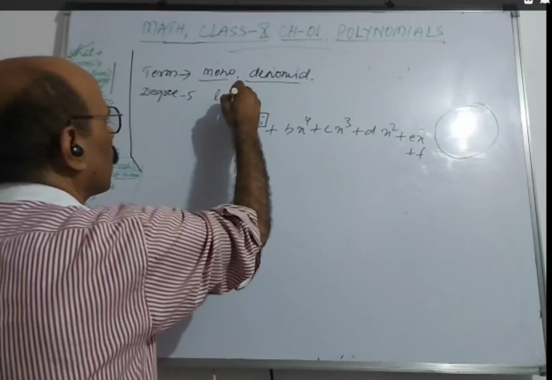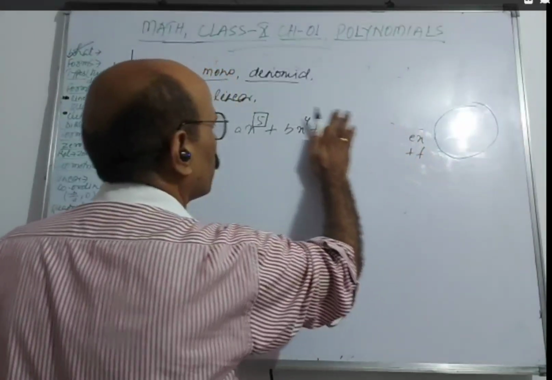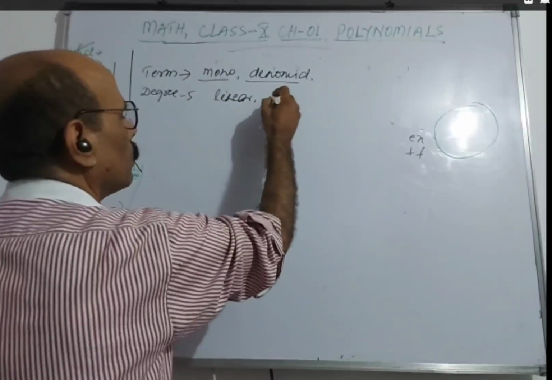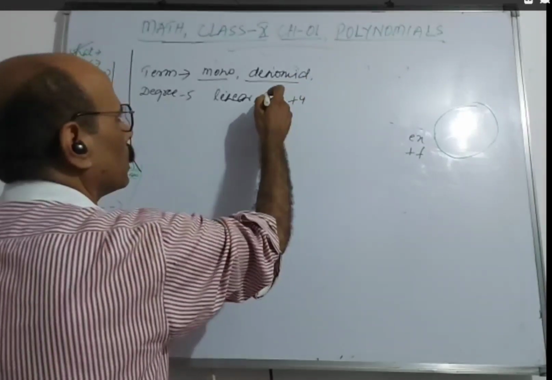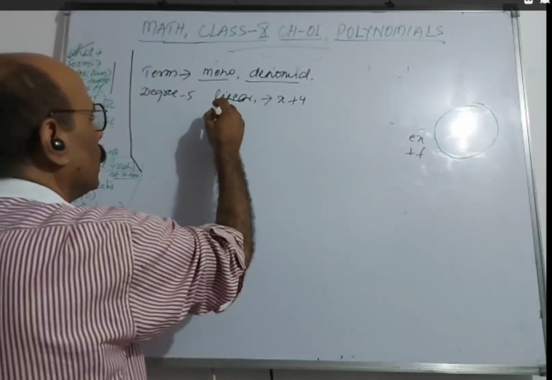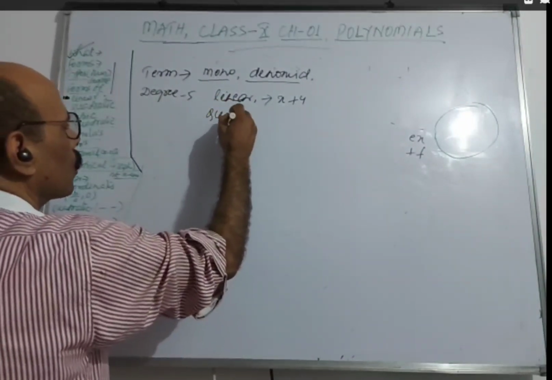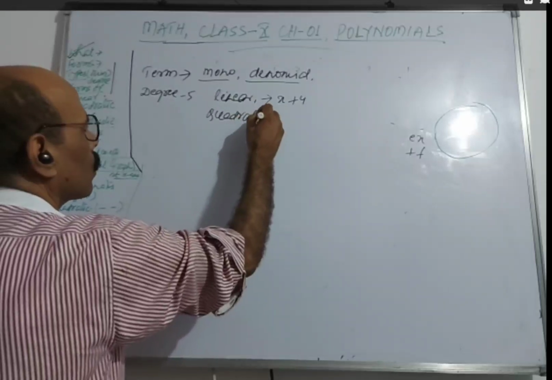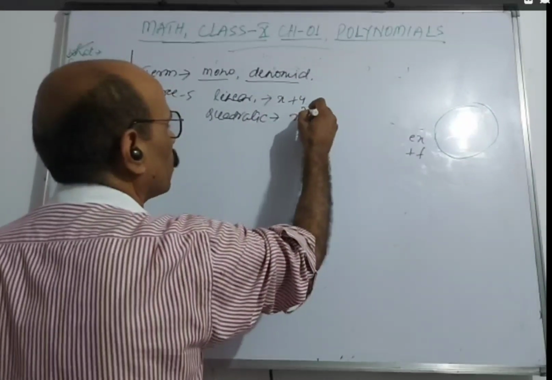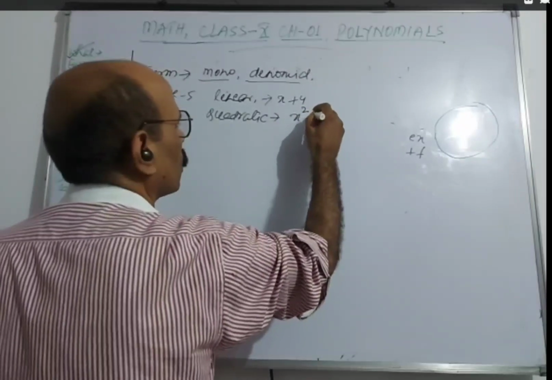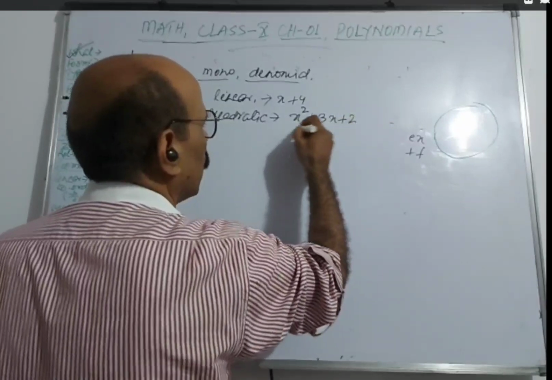Linear. Linear means degree will be what? X to the power 1. Only x, x plus 4, like this. Then quadratic. Quadratic means 2, x to the power 2 means exponent 2. So x square, suppose 3x plus 2, like this.